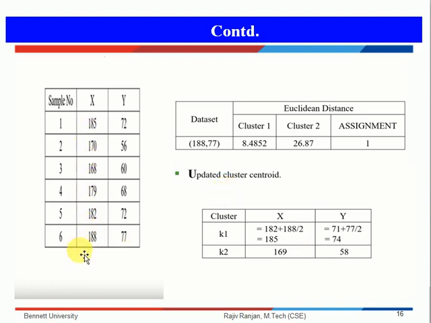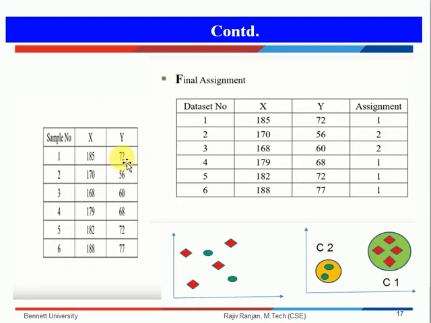So let's finalize the result in this form. This is the sample data I took initially, and this is the final assignment. We have 6 samples and their respective data, and after applying all the methods, we have done the clustering: samples number 2 and 3 belong to cluster 2, and samples number 1, 4, 5, 6 belong to cluster number 1.